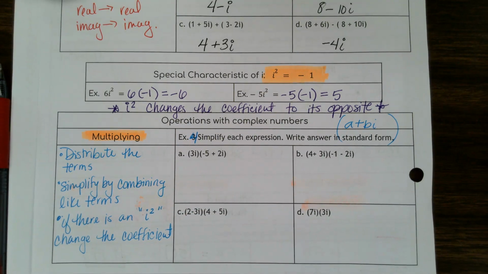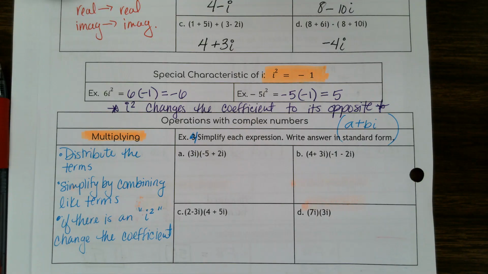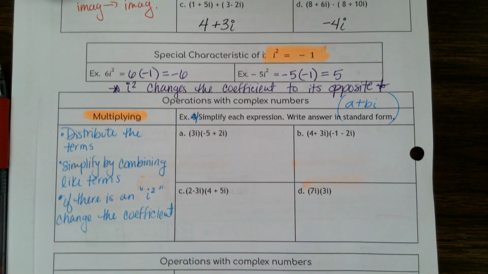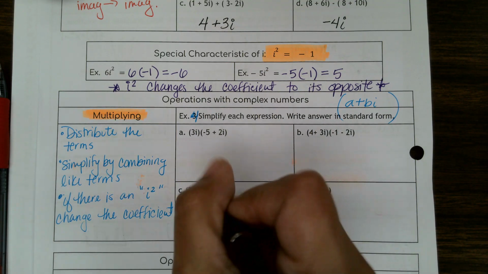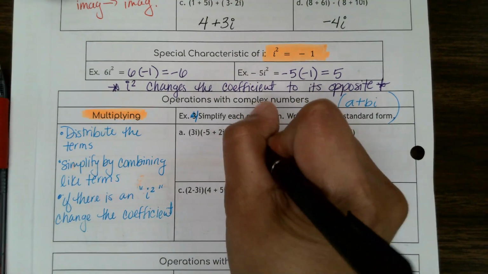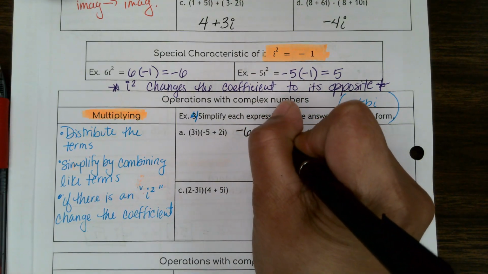All right, so go ahead, pause this video, and what you should do now is watch the Edpuzzle. Once you've done it, try your best with these 4 examples and check your answers. What are the answers? For the first one, you should have arrived at negative 6 minus 15i.